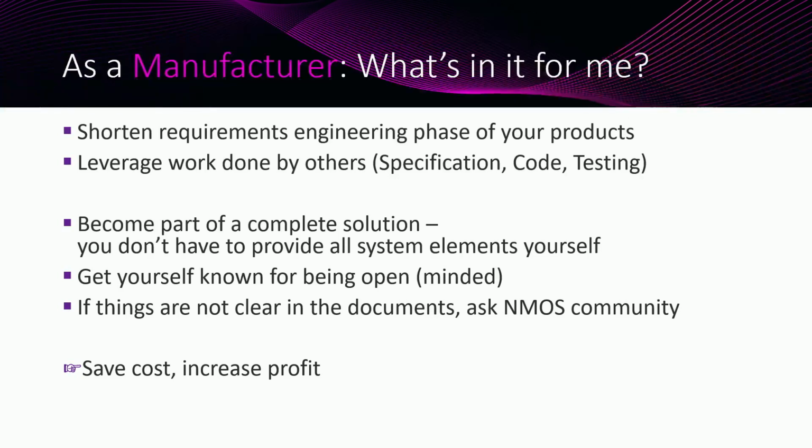The other one is, again, you want to leverage work by others. Specification is one, coding, testing. There is actually sample code available for every single bit in there, including testing code for it. It's all there. So you can become part of a complete solution rather than just products, and you don't have to do that all yourself.